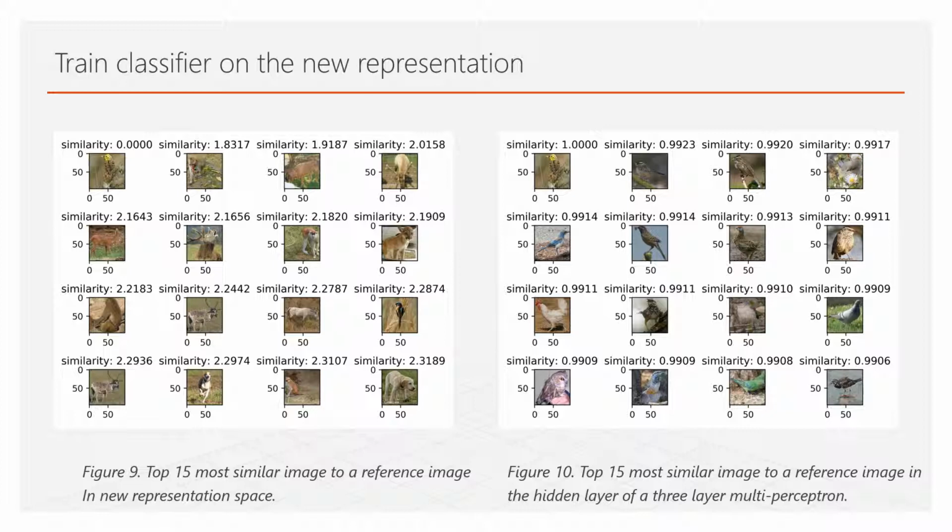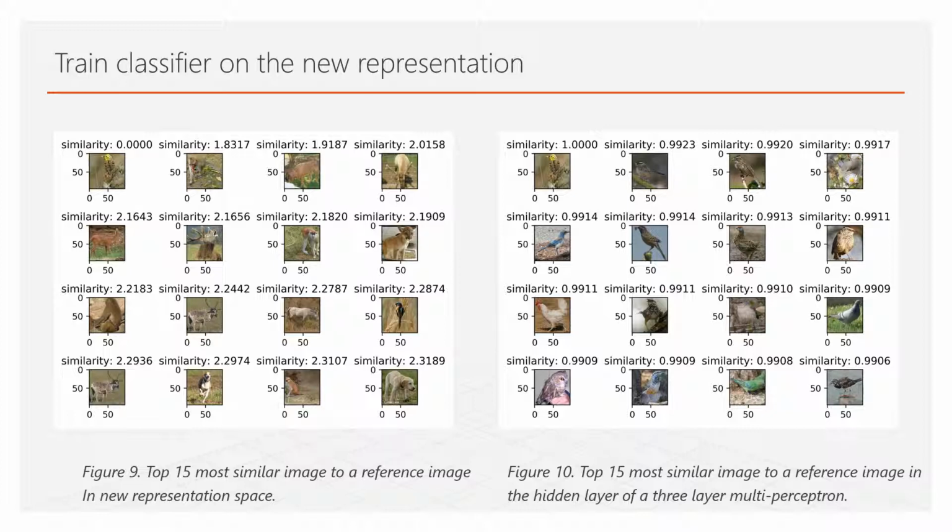We can see all these images have similar backgrounds, but there is only one bird here. Others are deers, dogs, and monkeys. We can say these images are similar if we ignore the main object's classes.